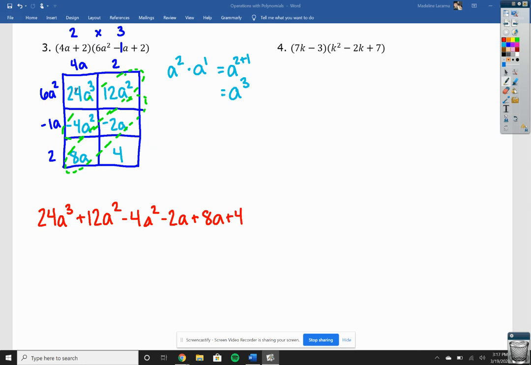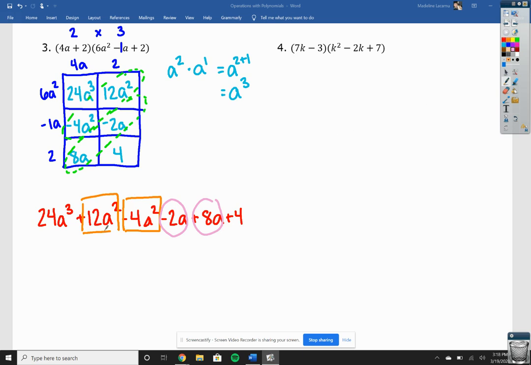So I'm just rewriting all 6 of these that I have inside the boxes out here, then we'll deal with our like terms. So my like terms, 24a to the third, that one doesn't have any. 12a squared, negative 4a squared, those are like terms. Negative 2a, and positive 8a, those are like terms.